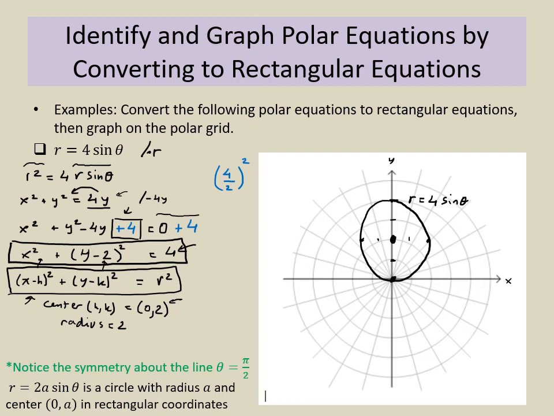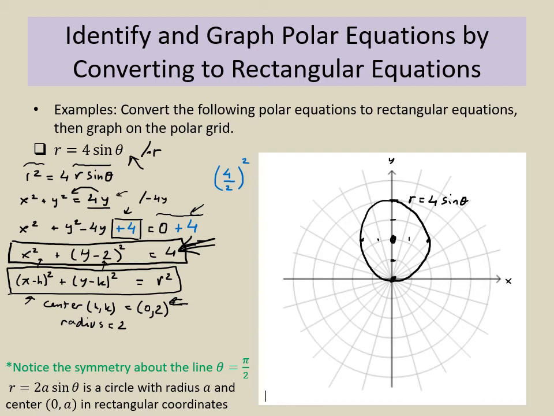We graphed it once again by cheating. We converted from this to rectangular coordinates because we know how to graph circles in rectangular coordinates. We first had to complete the square, which we also know how to do. We've done that in previous courses. That gave us the center and the radius, and we graphed it in that way.